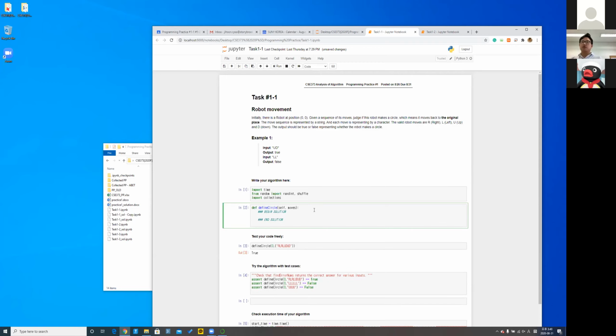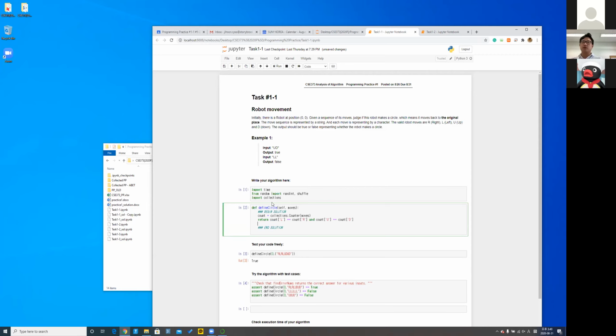So I gave you the line. Okay, so here is my solution. I made a counter, so I name it count. And I count all the moves. Moves is my input, right? Then here I count my left and I count my right. If they are the same, meaning they are returning to the same point, left and right.